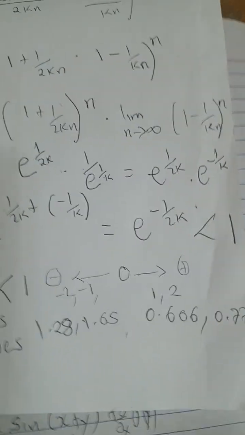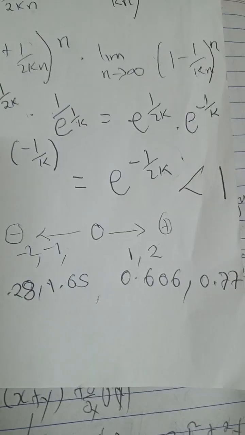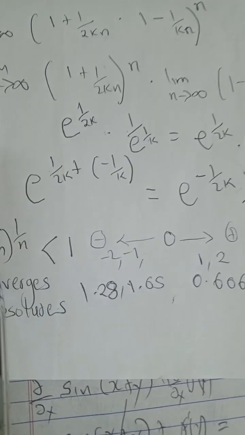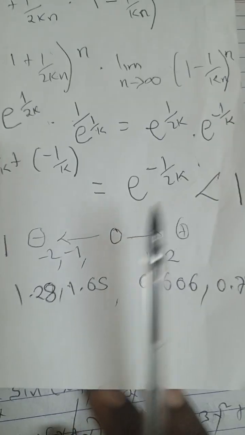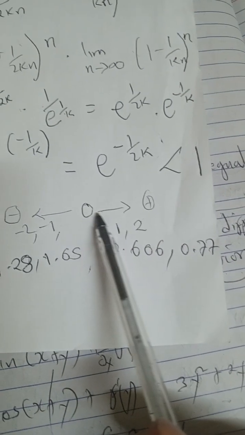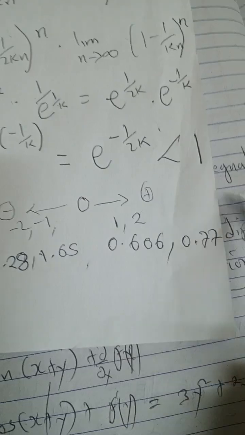Now let's observe. When k is approaching the positive side, it is less than what? It's less than 1. It's 0.6, 0.7. But if I plug in negative values, it is 1.65, so it is even greater than 1. But what do we really want to achieve? We wanted to achieve conditions where this will be less than 1. So we can clearly see that when we are plugging in positive figures, our answer is less than 1.